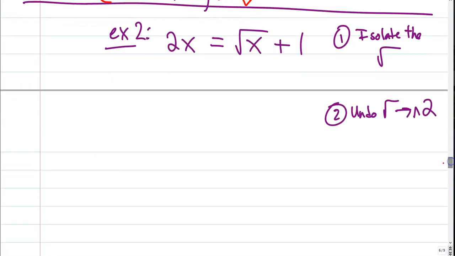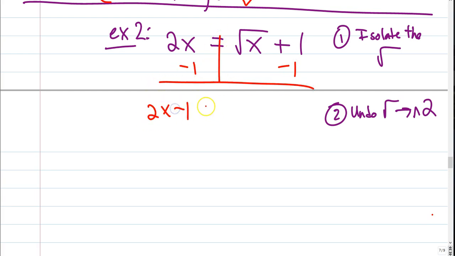Second, we've done radicals before. Isolate that radical. So we have 2x minus 1 is equal to the square root of x. We undo the radical. We undo a square root with a second power. 2x minus 1 squared is not 4x squared plus 1.